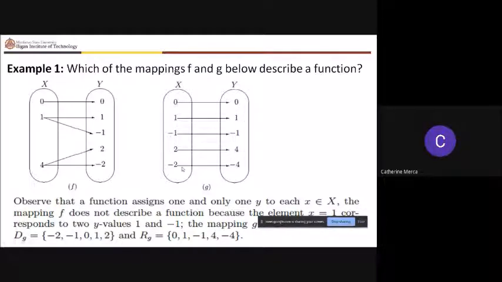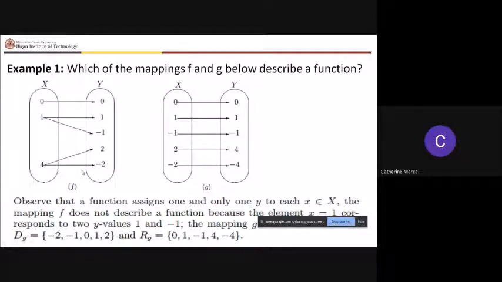In fact, this is what you call your one-to-one and onto function. One-to-one and onto function, we're going to define that one later on. So this is one-to-one kay isa-isa ang pares. This is onto kay nahurot tanan ang inyong codomain. Equal siya gapon sa range.